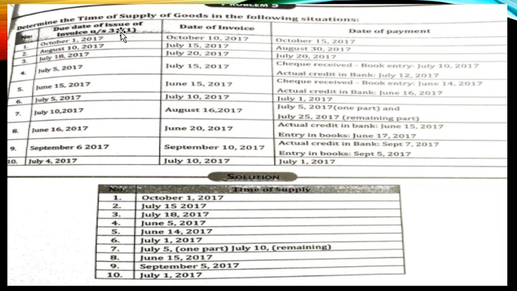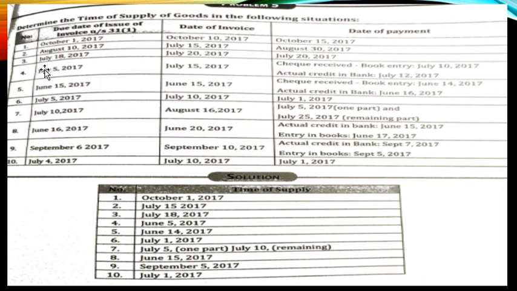So the due date of issue of invoice is October 1st, 2017, date of invoice is October 10, 2017, and date of payment is October 15, 2017. So the earliest in this case is October 1st, 2017, to be considered as time of supply.